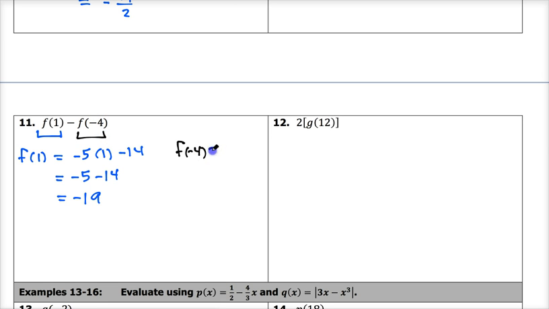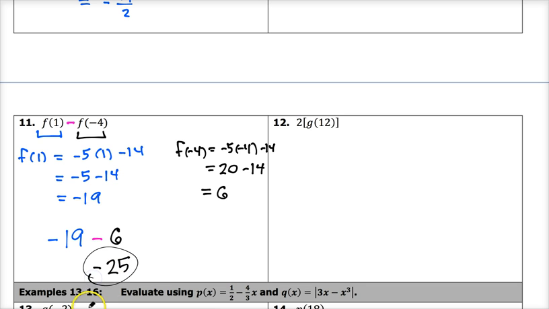F of negative 4 is negative 5 times negative 4 minus 14. That's going to be positive 20 minus 14, which is positive 6. And this asks us to take the value of f of 1, which is negative 19, and to subtract f of negative 4, which we know is 6. So we're going to do negative 19, subtract 6, and we'll get an answer of negative 25.